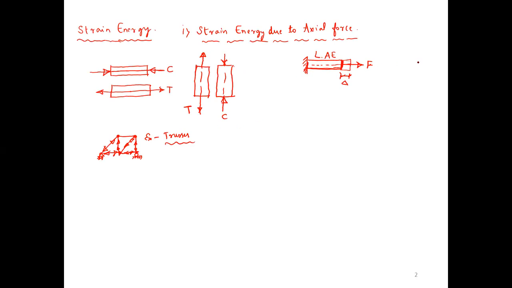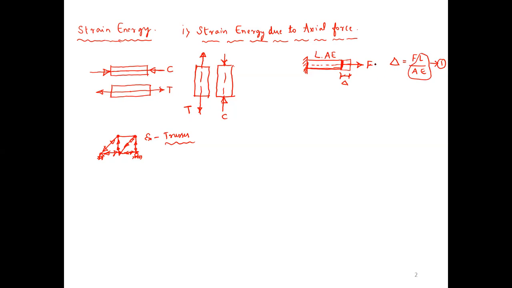Now what is delta? You know that. Delta equals PL over AE. With respect to this case, FL over AE. Say equation number 1. Now, L, A and E are constant.